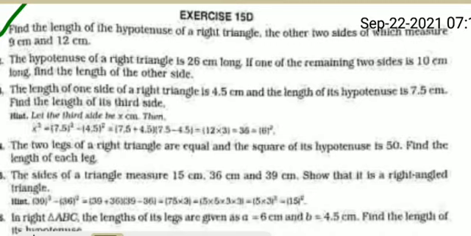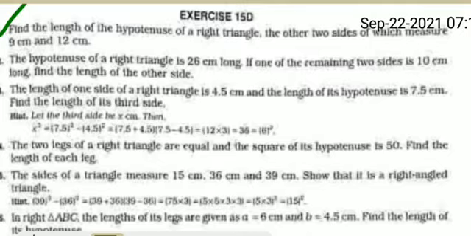AC is given here as 26 centimeter, and for either of the two sides you can take 10 centimeter. Suppose you take AB equal to 10 centimeter, so you have to find BC. From Pythagoras theorem, you write AC square equals AB square plus BC square.